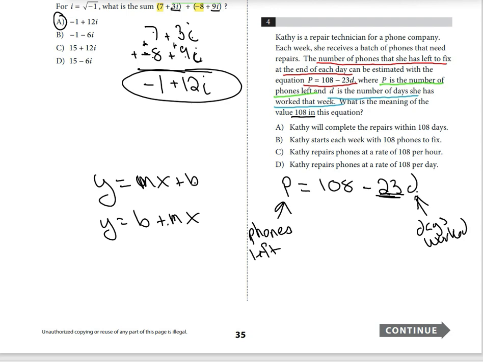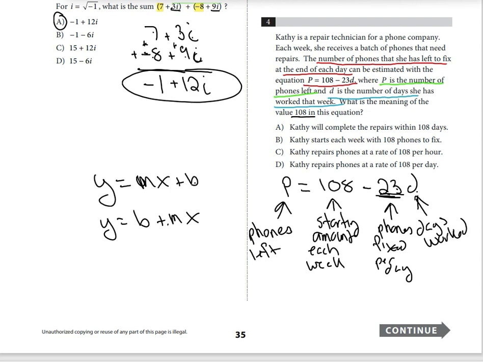So that 23 is the number of phones she fixes per day times the number of days. So what is that 108? Well, that's the starting amount. That's how much she starts with each week, right? She starts with 108 phones per week. Each day, it decreases by 23.